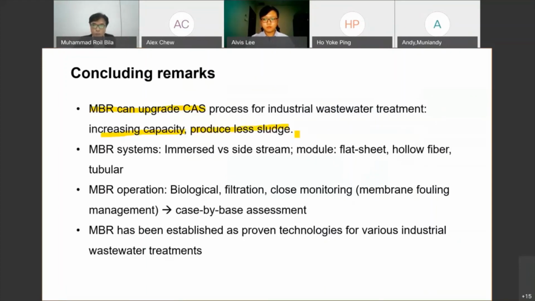By looking into the sludge and the production capacity, it opens up the possibility of converting the existing process to support plant expansion. If they want to expand by about 50%, we are quite sure we can still run the wastewater treatment system using exactly the same facilities by converting them to MBR.